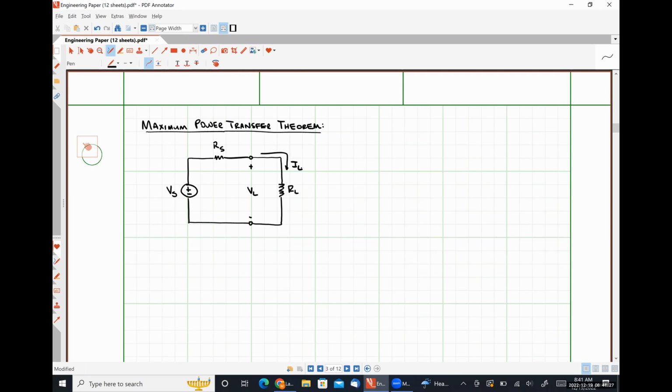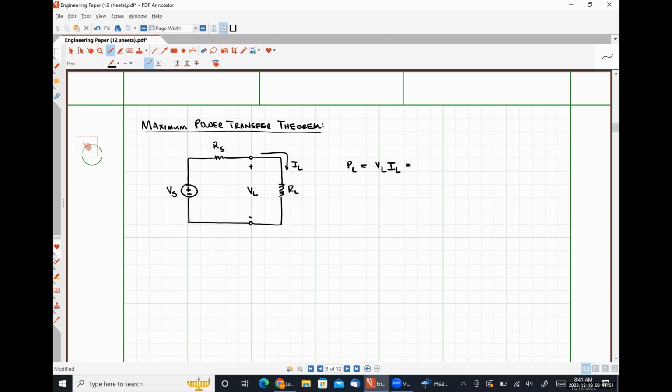All right, so the power that is absorbed by our load resistor here can be expressed in multiple ways. The first way that we could express this power is simply the product of VL and IL, which you all should be familiar with.